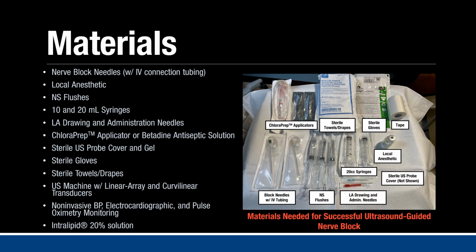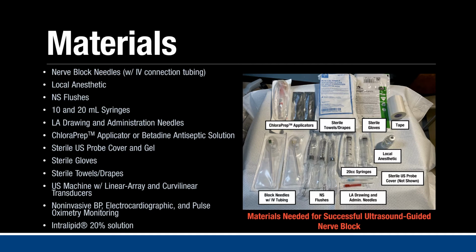And then the patient should be placed on non-invasive blood pressure, electrocardiographic, and pulse oximetry monitoring at a minimum. This is to evaluate for the development of cardiotoxicity, which we're going to talk about later. It can manifest as a prolonged PR or QRS complex, a tachy or brady arrhythmia, conduction block, or even asystole, and this is really the result of inadvertent local anesthetic deposition within the vasculature.